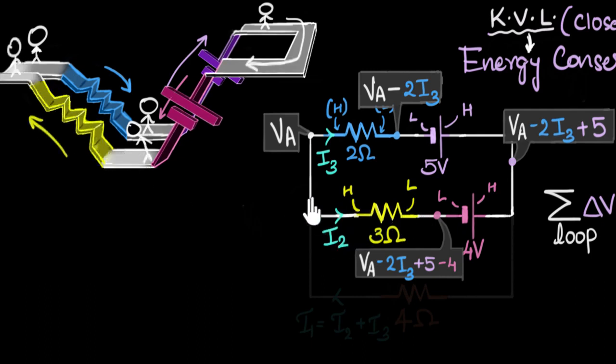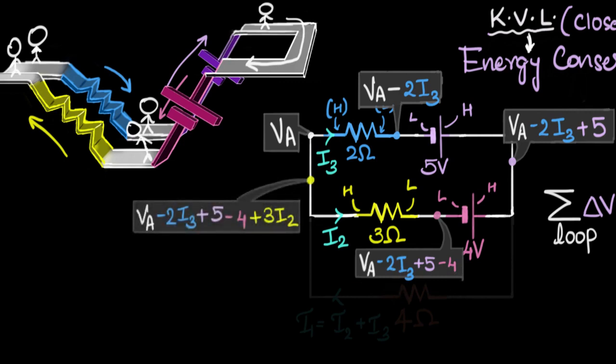And so when I come over here, I will have to add some number to it. And how much do I have to add? Well, that can be given by Ohm's law. I have to add 3i2. So when I come over here, it'll be this number plus 3i2. All right, and now here comes the moment of truth. We have reached our initial point, where we started.